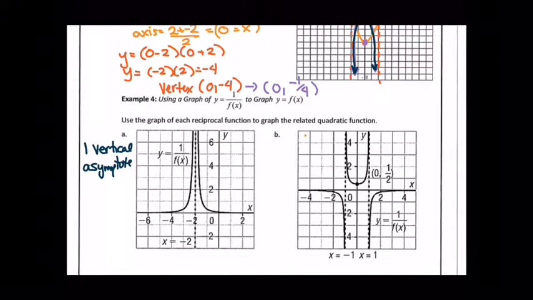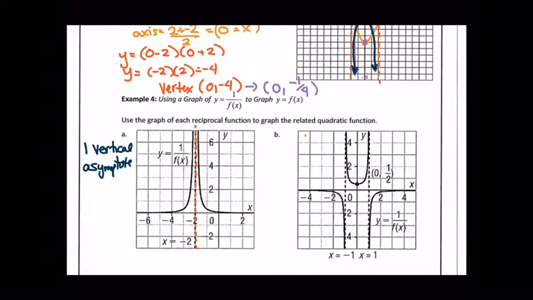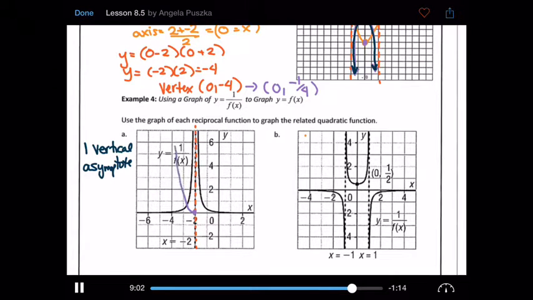And that's because we just have the one dotted line here. Okay? And it looks like the boomerangs, which I like to call them, are side by side.